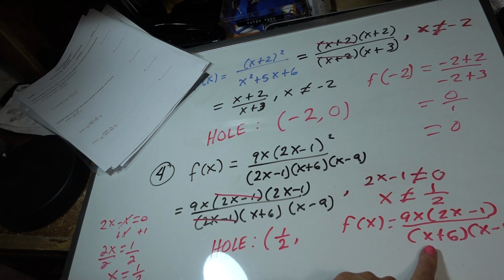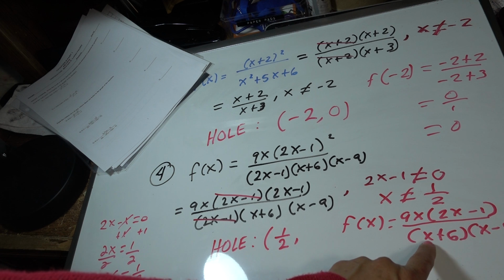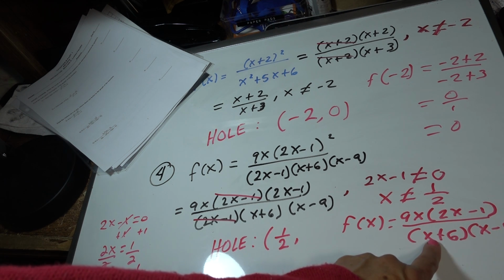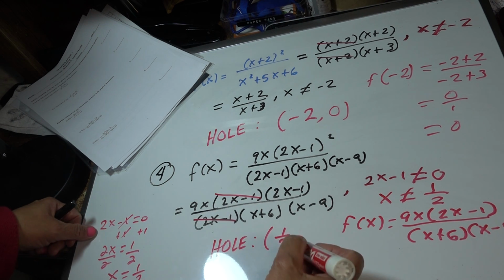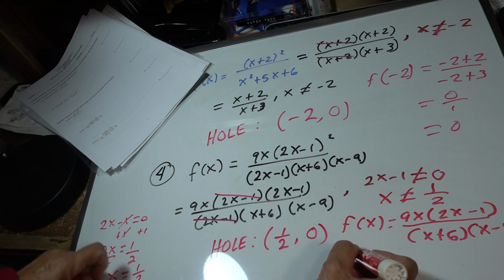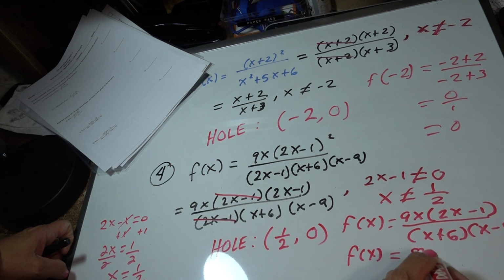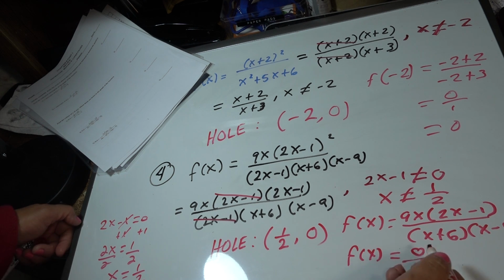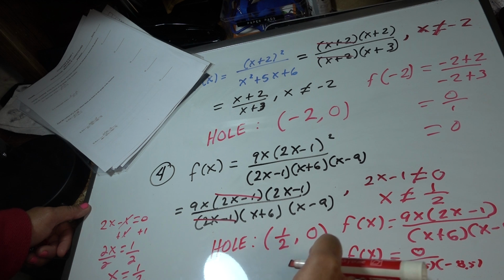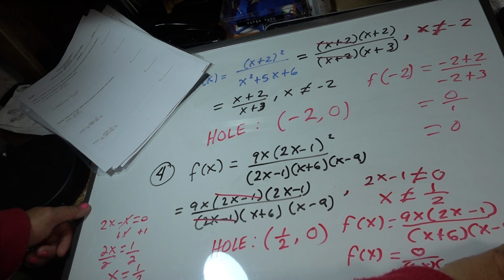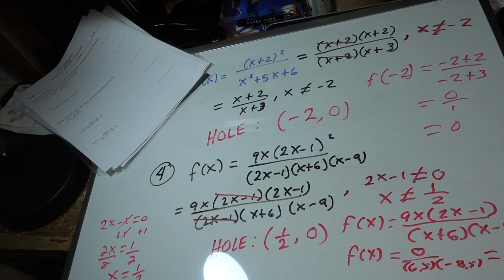The bottom part is not going to be 0, so it is defined: 6.5 times 1/2 minus 9, which is negative 8.5. So f of x is going to be 0 over that nonzero value. So the important thing here is that this is 0, so the hole is going to be at 1/2, 0.